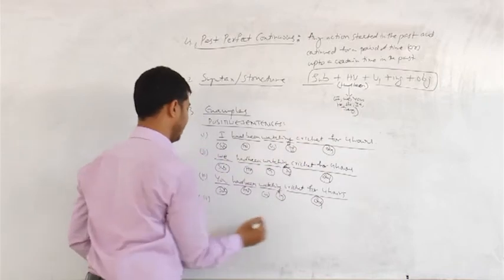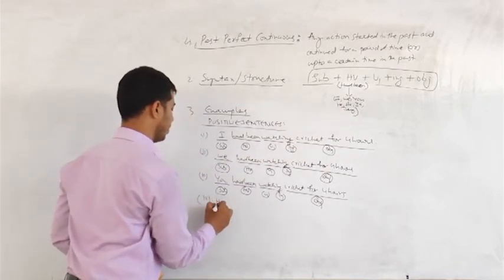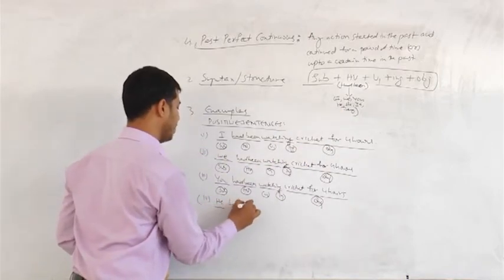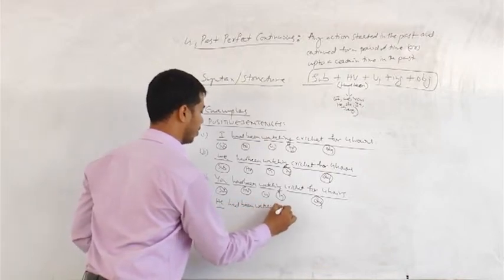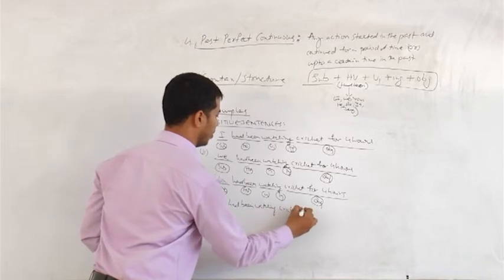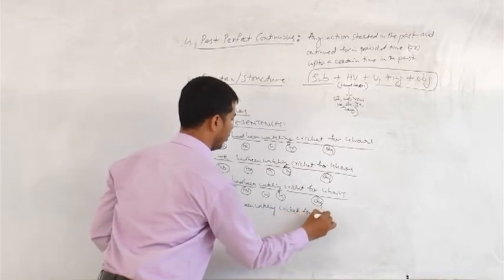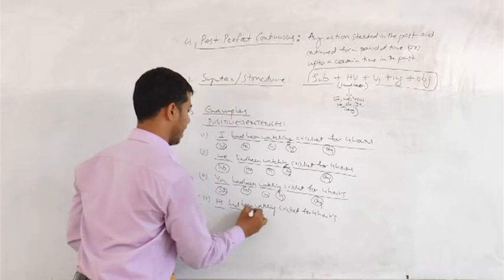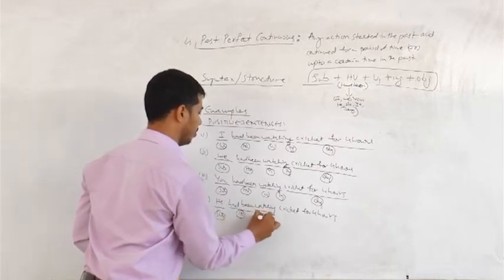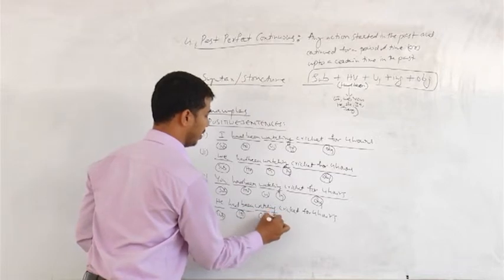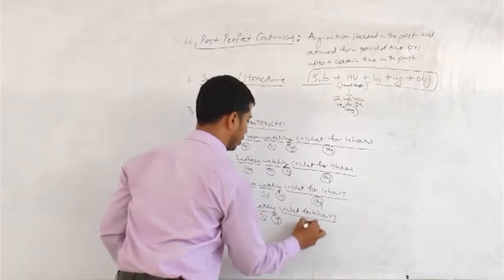So let us go with he. He had been watching cricket for 4 hours. Had been is the helping verb, watch V1, ing, and cricket for 4 hours is the object.